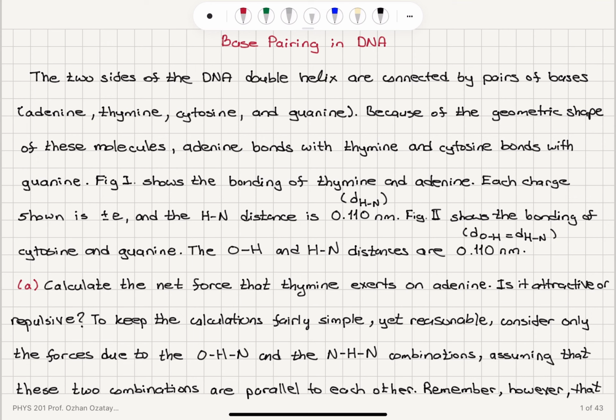So part A: calculate the net force that thymine exerts on adenine. Is it attractive or repulsive? To keep the calculations fairly simple yet reasonable, consider only the forces due to the oxygen-hydrogen-nitrogen and the nitrogen-hydrogen-nitrogen combinations, assuming that these two combinations are parallel to each other.